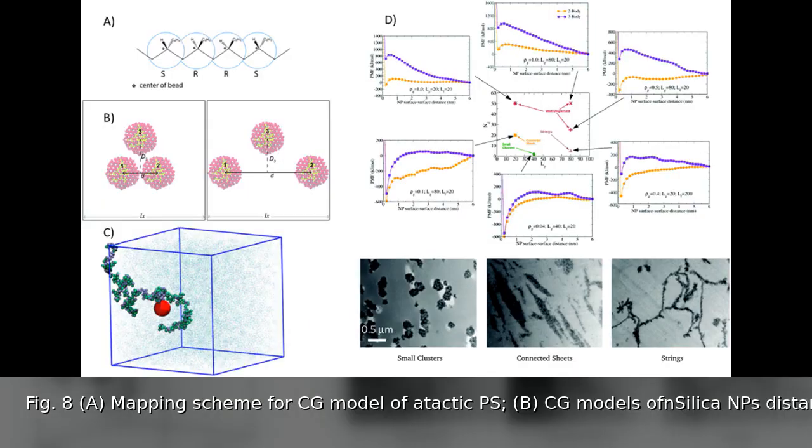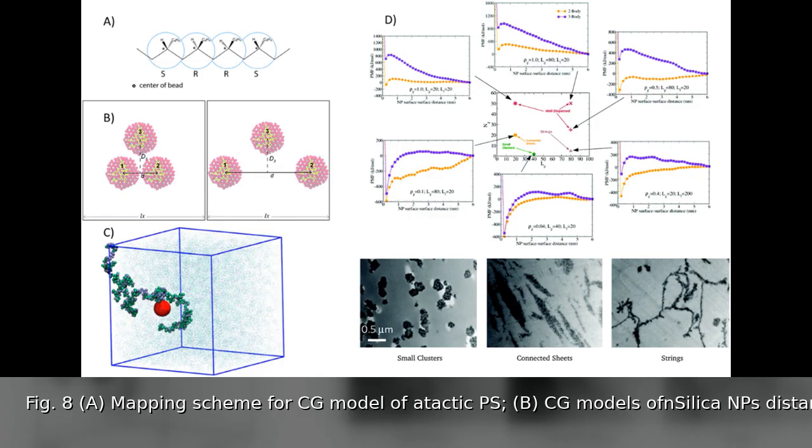Figure 8 examines coarse-grained modeling and interactions of polymer nanocomposites, specifically polystyrene and silicon nanoparticles, NPs, using HPF-MD. Panel A depicts the mapping scheme adopted for atactic polystyrene, where intramolecular interactions are parametrized via iterative Boltzmann inversion to reproduce atomistic reference data, and non-bonded interactions calibrated to reproduce density profiles.